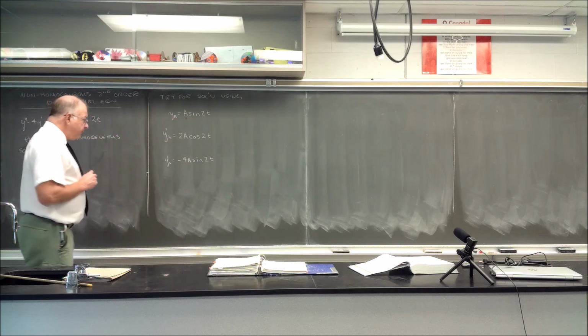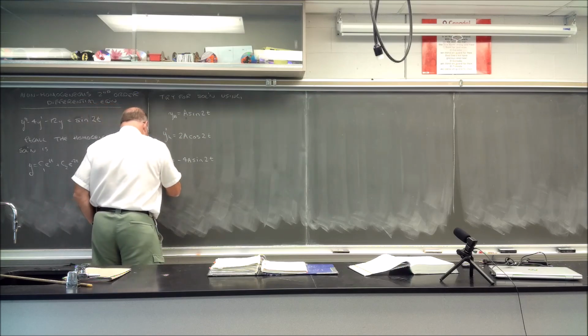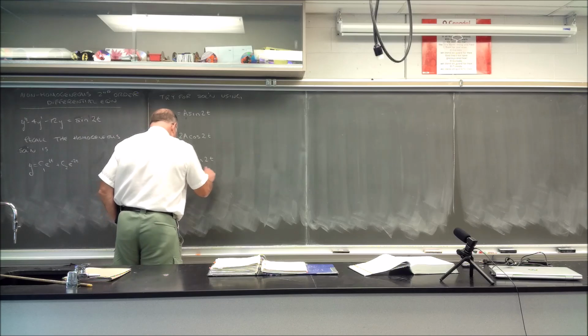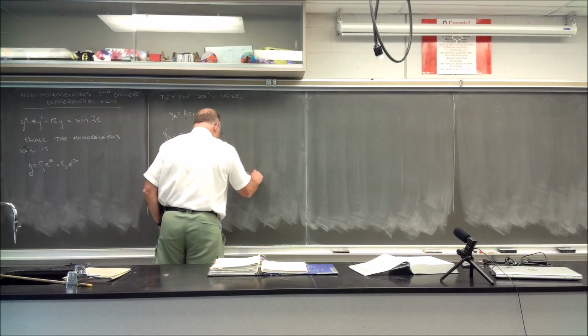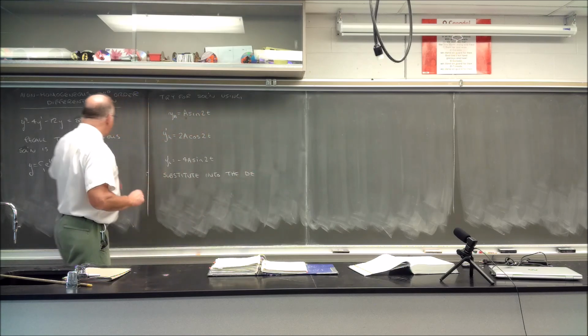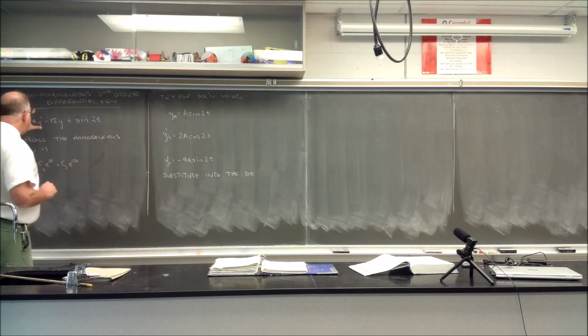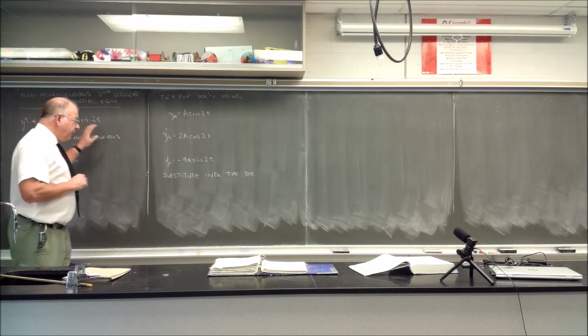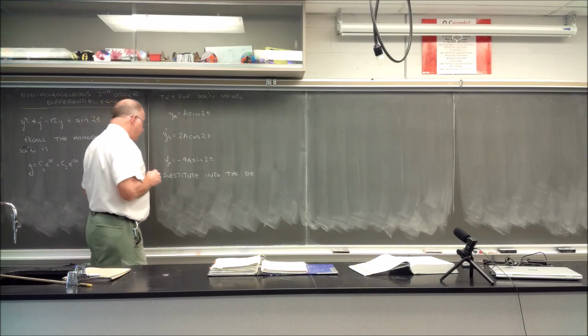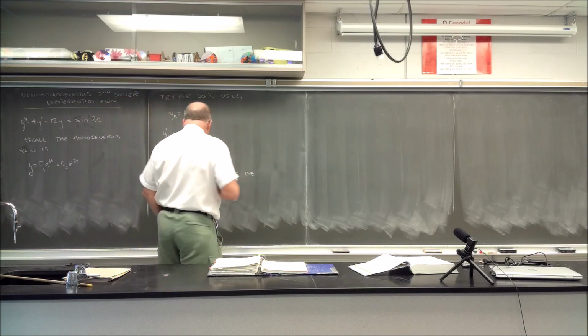And so now we substitute these into the differential equation and see if we put these three terms on this side, do we get this or do we get something else? And that's how we'll know if our guess was a good one or not.